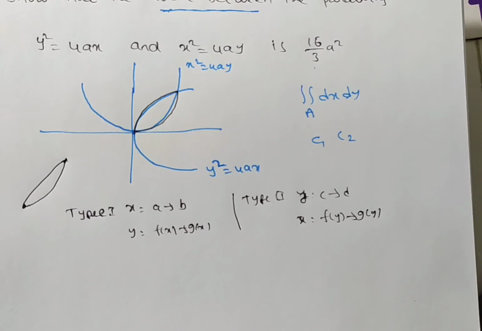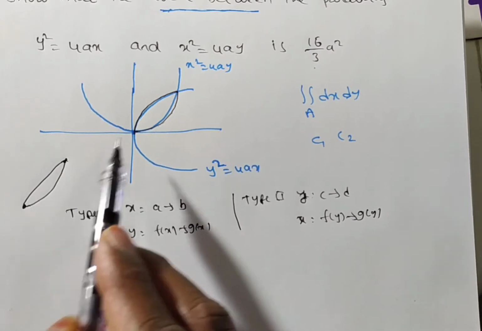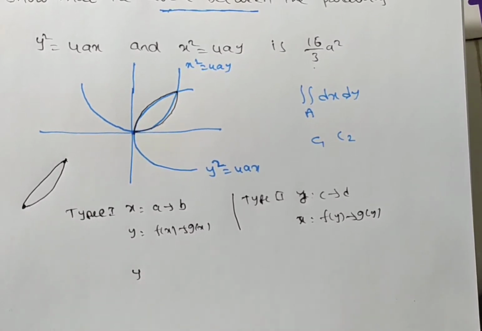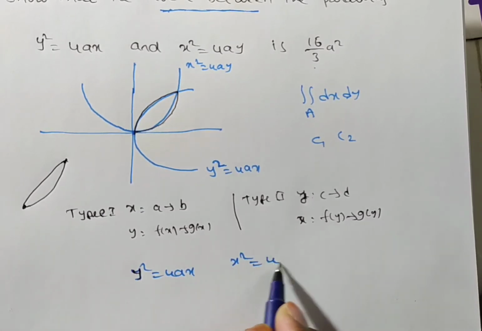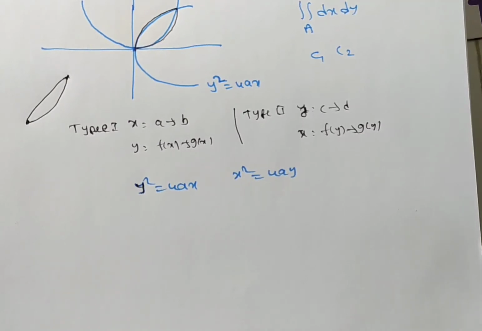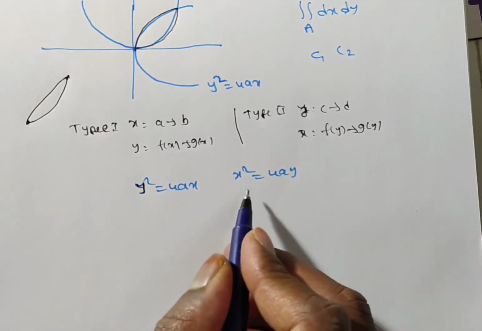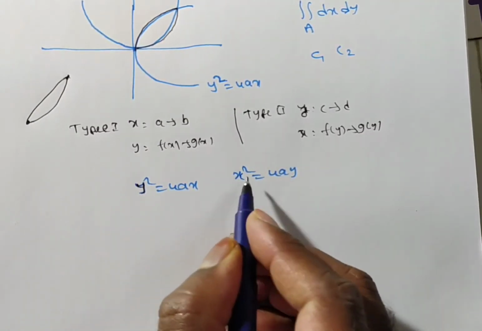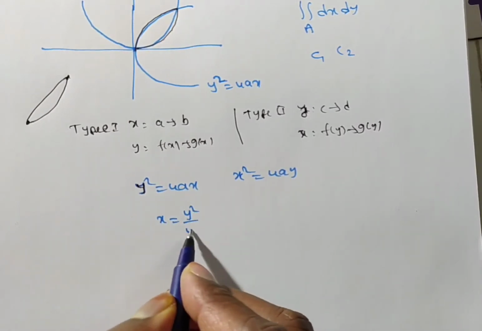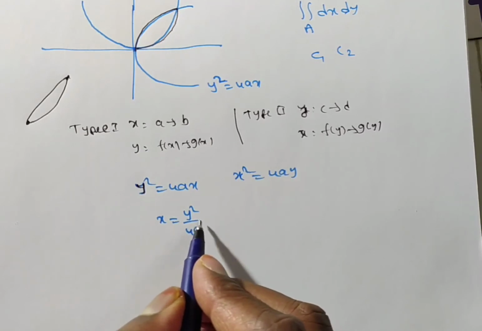To take x as independent, first of all you have to find the intersecting points. The given curves are y square is equal to 4ax, and the second one x square is equal to 4ay. First I am finding the points of intersection of the given parabolas. We have to solve these two. From this, x is equal to y square by 4a. You substitute this x value in this equation.